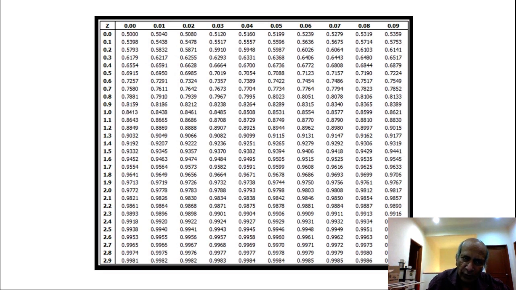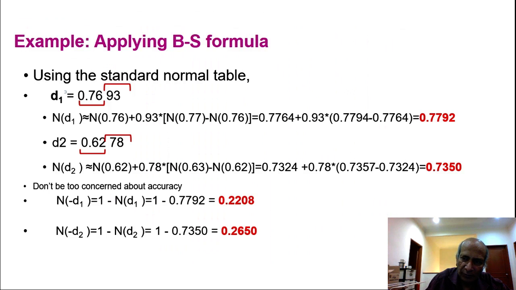In the row of 0.7 under the Z column, and coupled with the column of 0.06, where you're looking for 0.76, you get 0.7764, right? That is why you get that figure there. You're not looking for this red color one, you're looking for the value of N of 0.76.